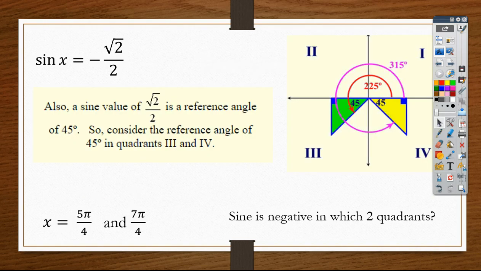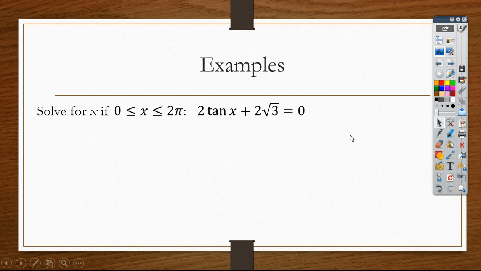Here we go. All right. Solve for x. If x is between 0 and 2 pi, again, it's restricting my domain, so I do not have to write all those extra things about adding 2 pi n. Okay.